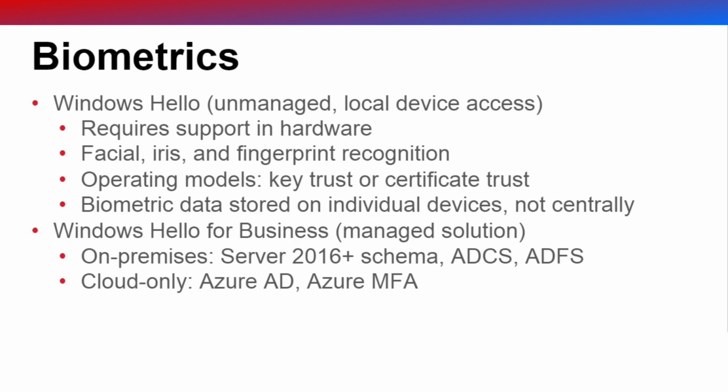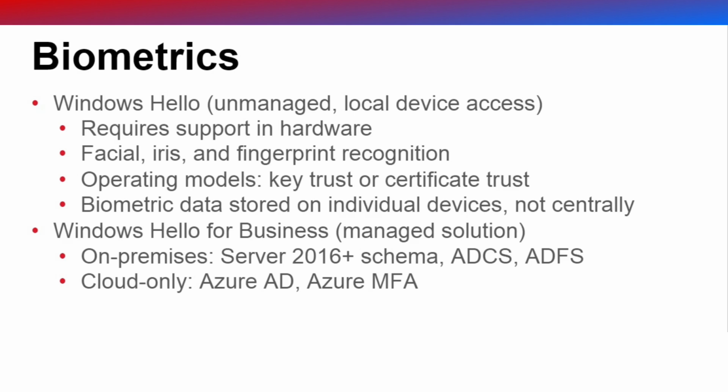But Windows Hello for Business requires a lot of pieces if you want to implement it on premises. You have to have the Active Directory schema at least at the Server 2016 level. You need Active Directory Certificate Services installed. You need Active Directory Federation Services installed. It's kind of complicated, a lot of moving parts to implement this, but you can set it up so that you can leverage that biometric authentication capability to log on to the domain.